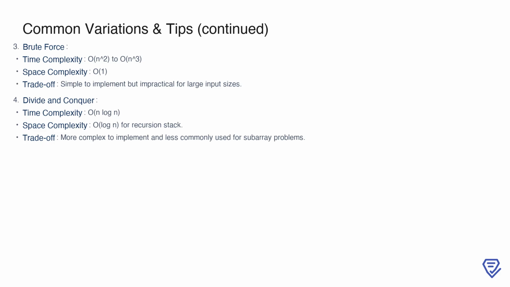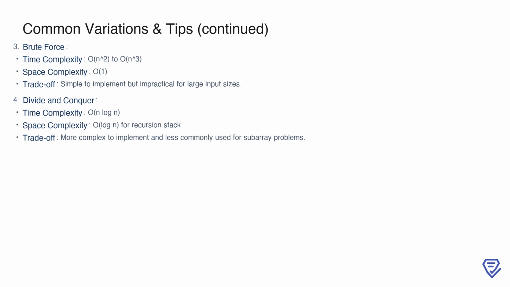Lastly, there are other approaches like brute force and divide and conquer, each with their own trade-offs. The brute force method involves iterating through all subarrays, calculating their sums directly. While it's simple to implement, it has a time complexity of O(n squared) to O(n cubed), making it impractical for larger input sizes.